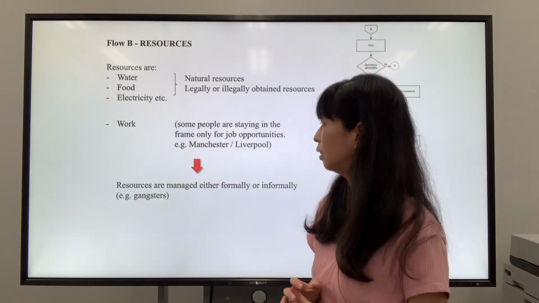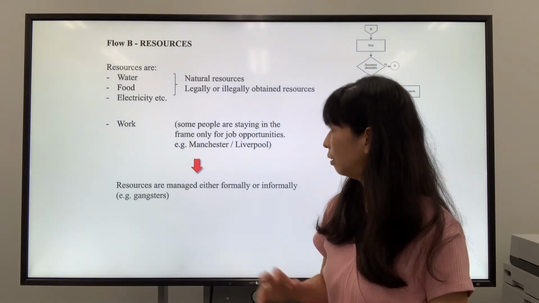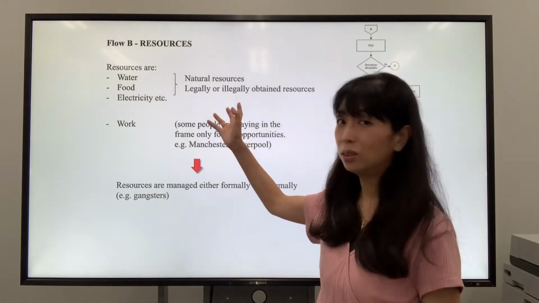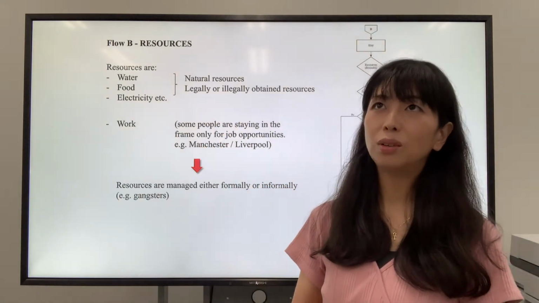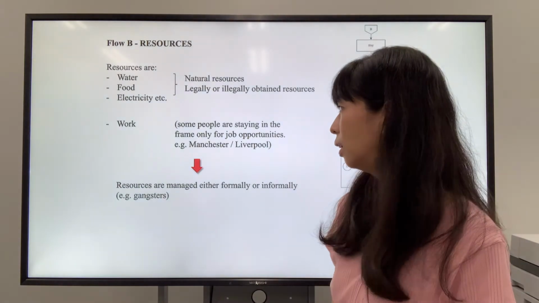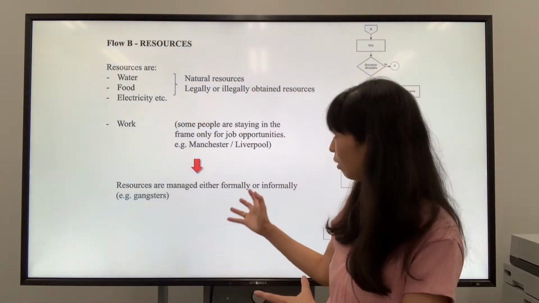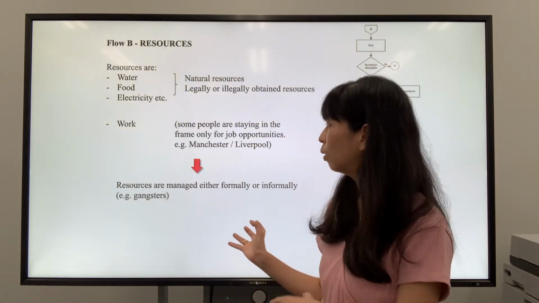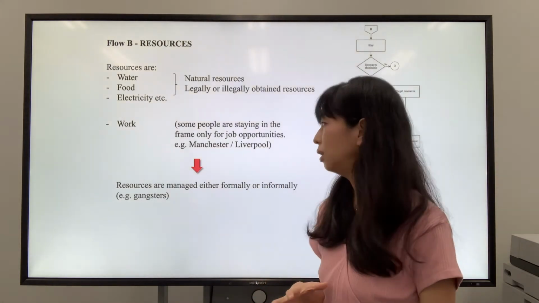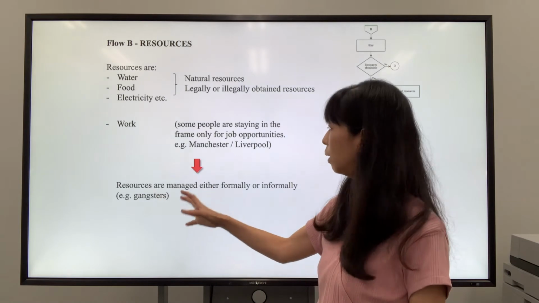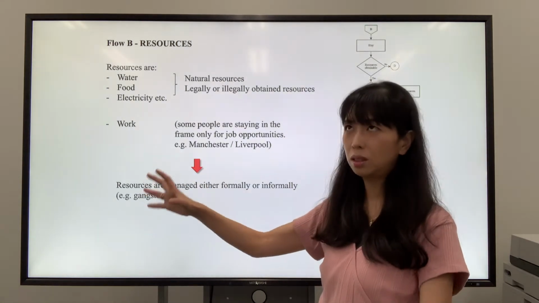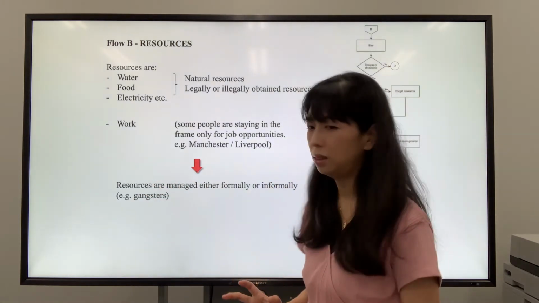Another thing is that when things are done either legally or illegally, you have a community. These resources are usually managed formally or informally. So in the case of Kowloon Walled City, you had the gangsters who were managing all the resources, and I will explain this later on in detail.